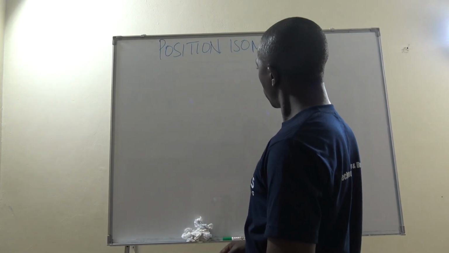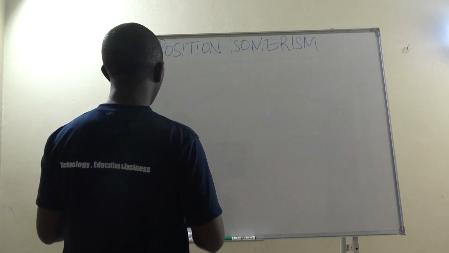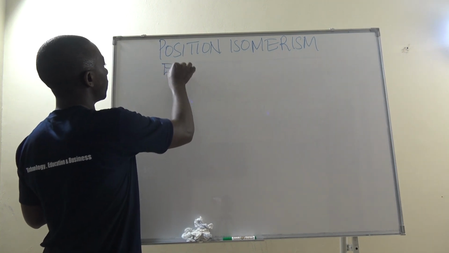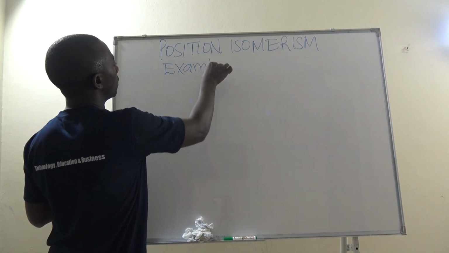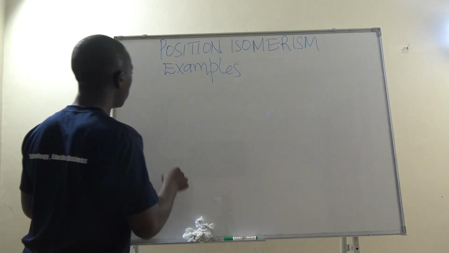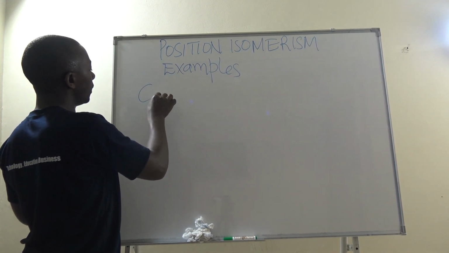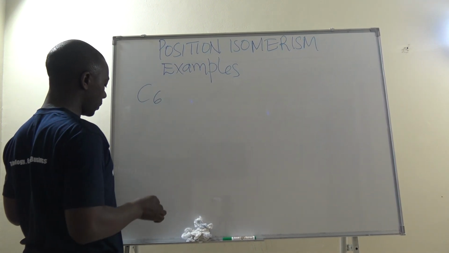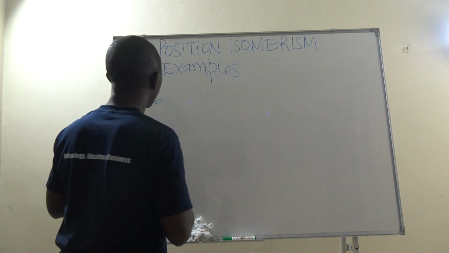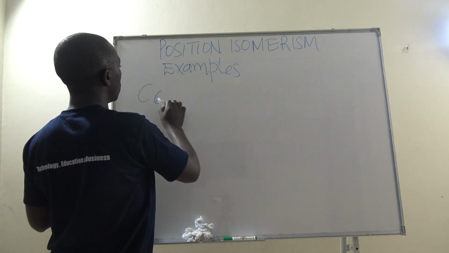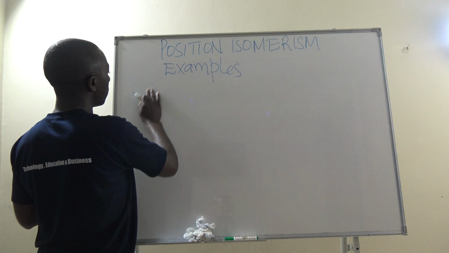Now, this position isomerism, we can look at a few examples here really. A few examples, we can look at C6. Let me look at the first example on alkyne.